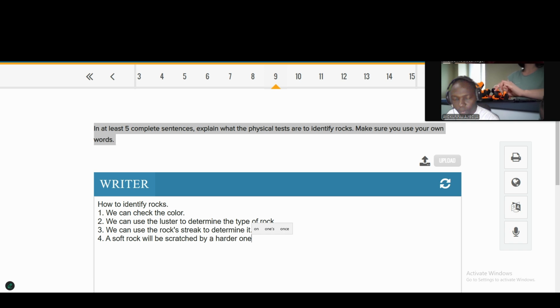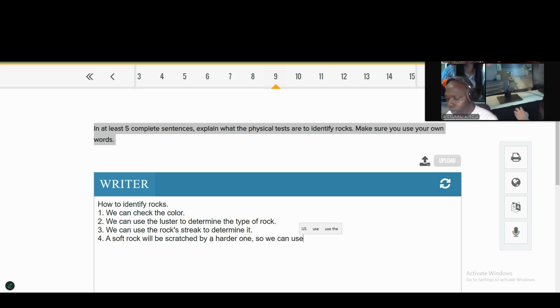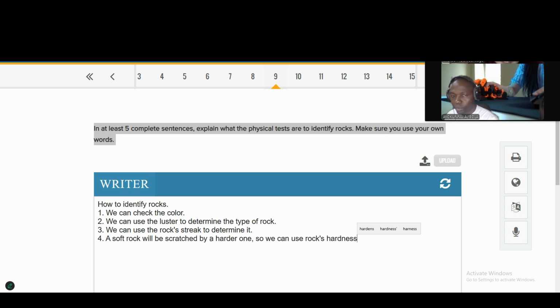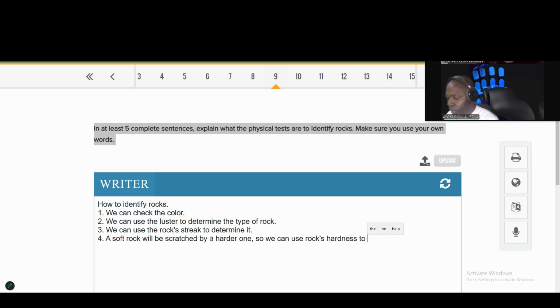So we can use rock's hardness to determine its type. You are not concentrating.